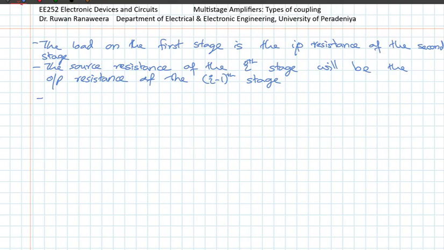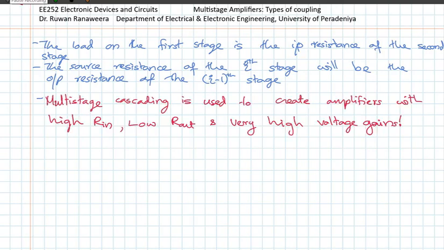They can be common emitter stages. So this way you can achieve very high voltage gain, very high input impedance, and very low output impedance amplifiers. Alright, so we have these features. Okay, so this is why we need multi-stage cascading in amplifiers.